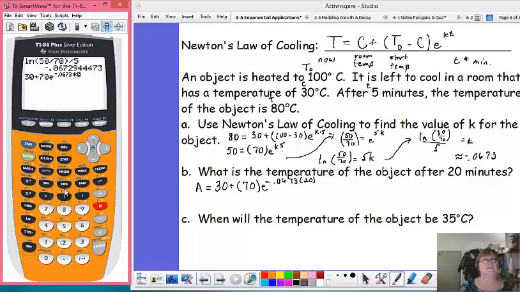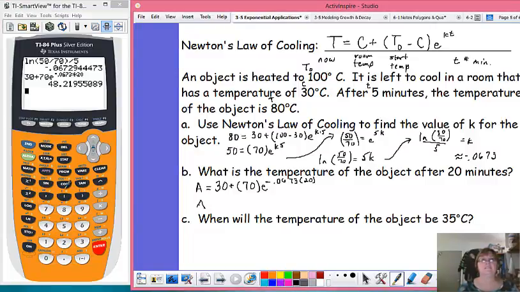Folks, if your calculator doesn't put you all up in the exponent, you're going to want to put parentheses around that. After 20 minutes, the temperature is going to be, according to this formula, around 48.2 degrees centigrade.